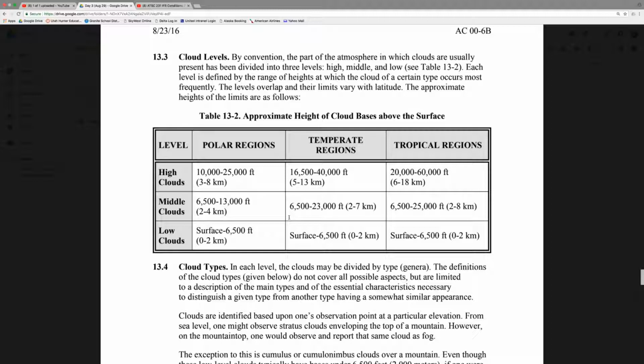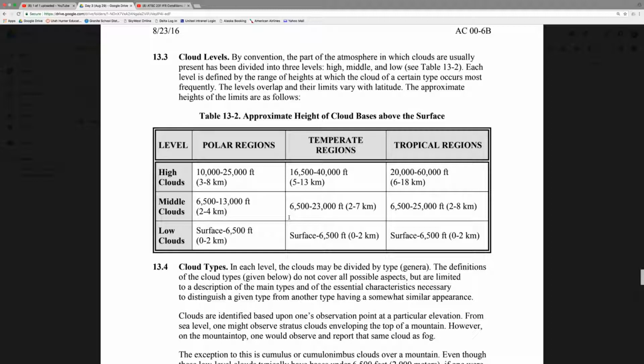Sometimes these cloud layers will overlap one another, but typically, in our temperate region here, our high clouds are considered anywhere from 16,500 feet to 40,000 feet. Our middle clouds, 6,500 to 23,000 feet. And then our low clouds are the surface to 6,500 feet.